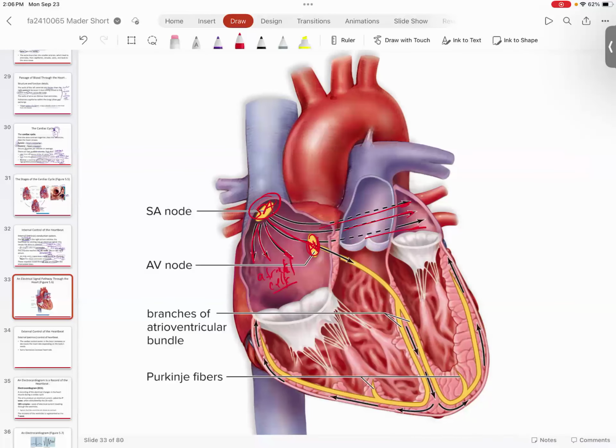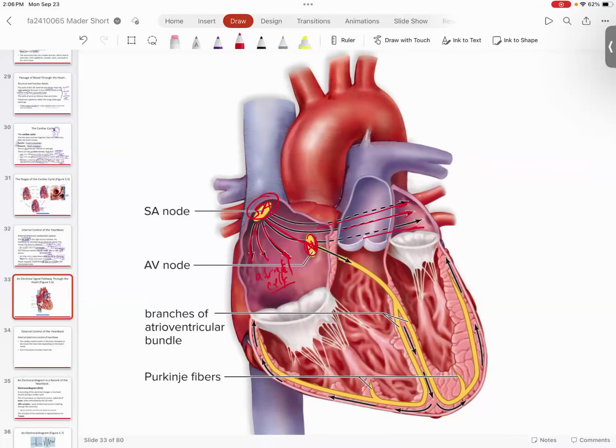Now then what happens is once it goes to the AV node, it will move that forward into the AV bundle, which starts off as the bundle of His in the right atrium, and then will cross through the AV bundle into the ventricular septum, where it'll split into what's called the bundle branches. And it has a right and left bundle branch. So the right bundle branch will basically wrap around the apex of the right ventricle and the lateral wall of the right ventricle.